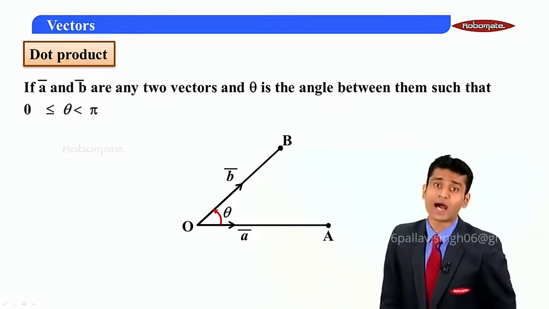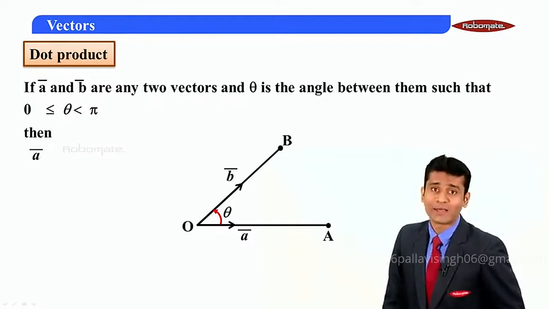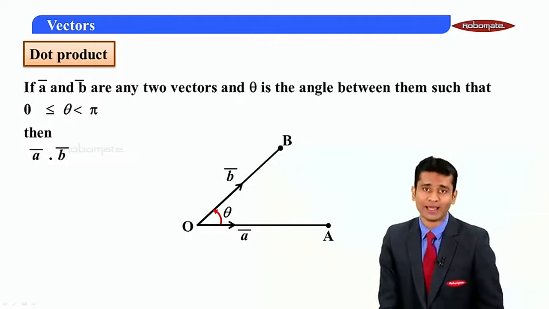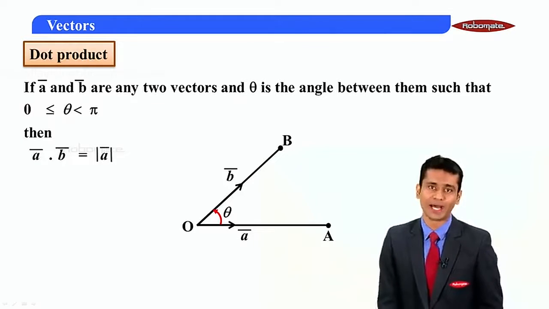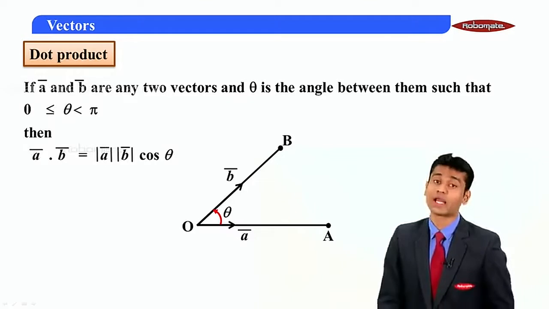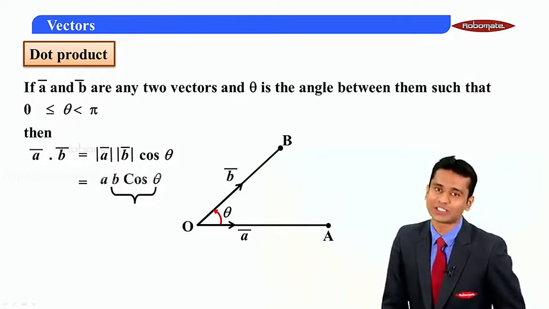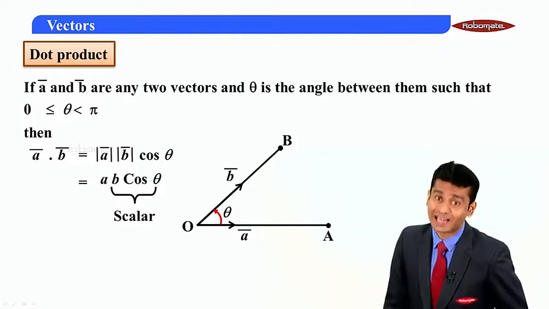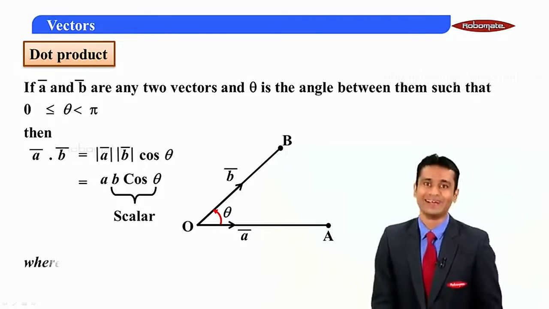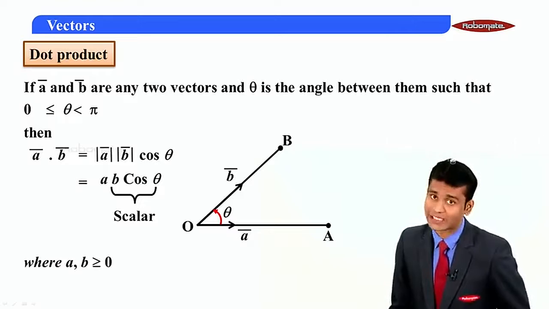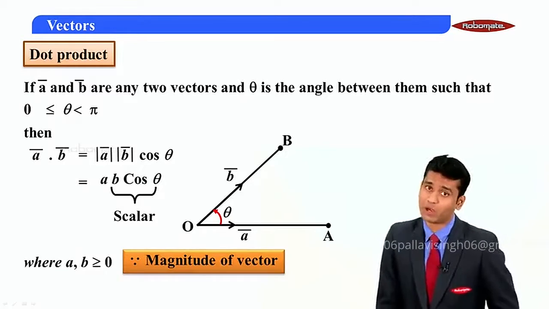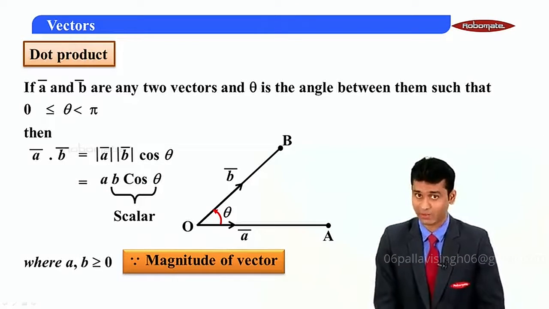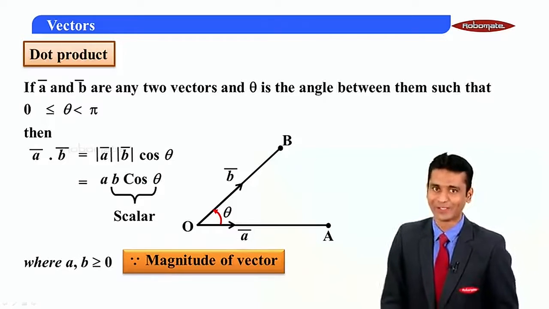Then A bar dot B bar is magnitude of A bar into magnitude of B bar cos theta. Yes, you can also write it as AB cos theta. And this AB cos theta is nothing but a scalar, a real number. Here A and B are magnitudes of A bar and B bar, so they will always be positive or 0, greater than or equal to 0.